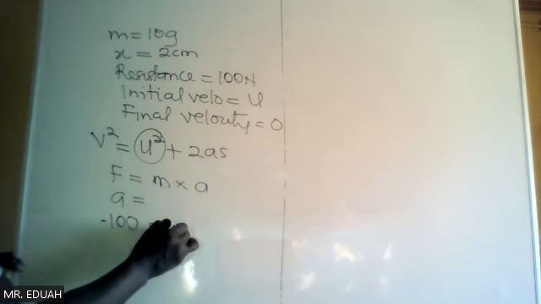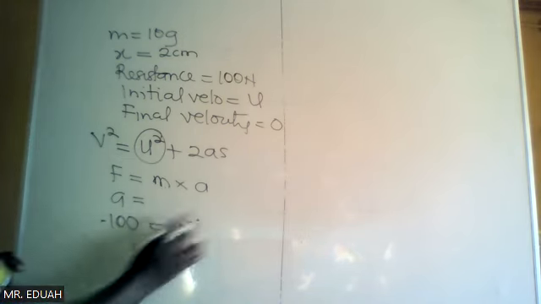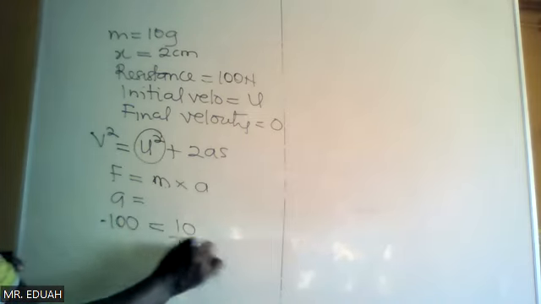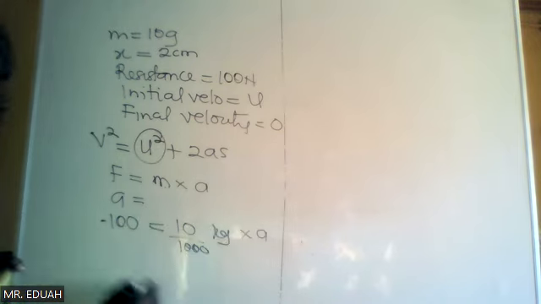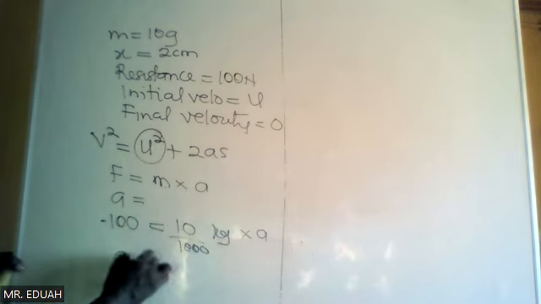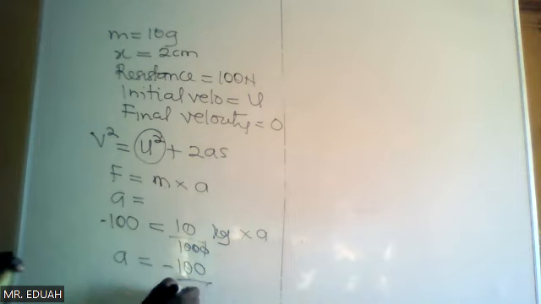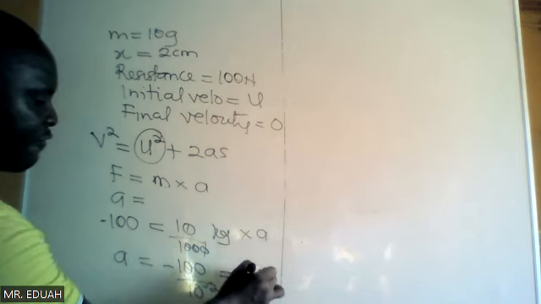Okay, so we have 10 to the power negative 2, because this will be 10 divided by 1,000, to give us that times A. So we have A giving us minus 100 divided by 10 to the power negative 2, which will give us 10 to the power 4.